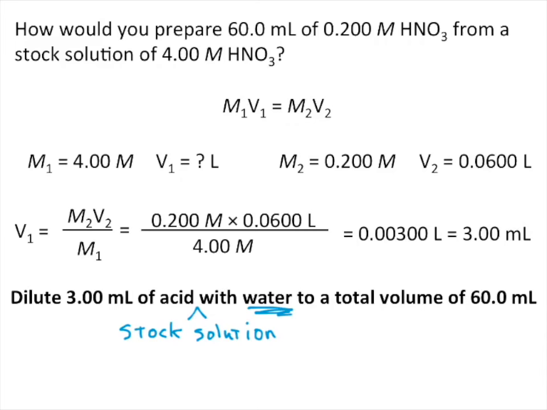You could do this exact same math if your solvent is something other than water. I don't have a good example of what nitric acid would dissolve into that's not water, but the math would work if it was some other liquid. However, in general chemistry, we typically assume that everything's dissolved in water, just because we're not dealing with other solvents, really. So I just made the assumption there.